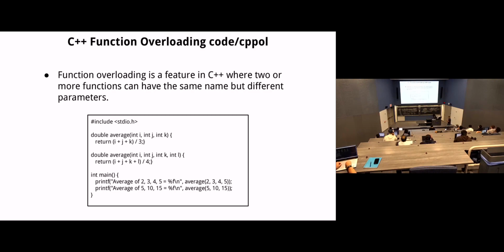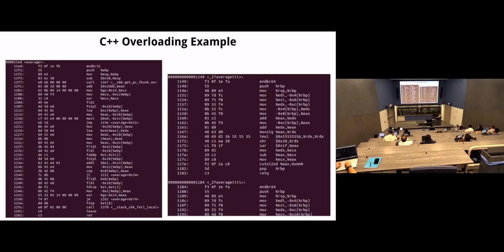But the variable arguments example is just one function, okay? So for example, the previous code, if this is a C version, this is a C++ version. The C version is just one function, average. The C++ version, the source code, actually becomes two different independent functions.